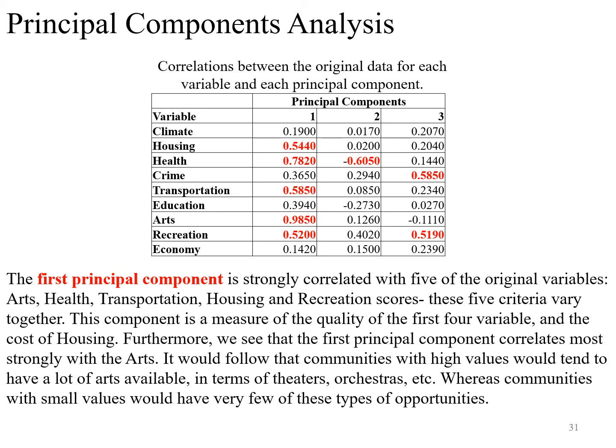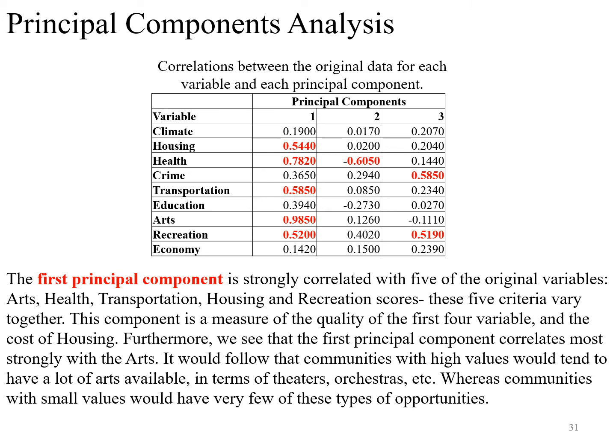So again, going through the interpretation of the principal components, the first is strongly correlated with 5 of the original variables: arts, health, transportation, housing, and recreation. It's a measure of the quality of the first 4 variables and the associated cost of housing in those areas.